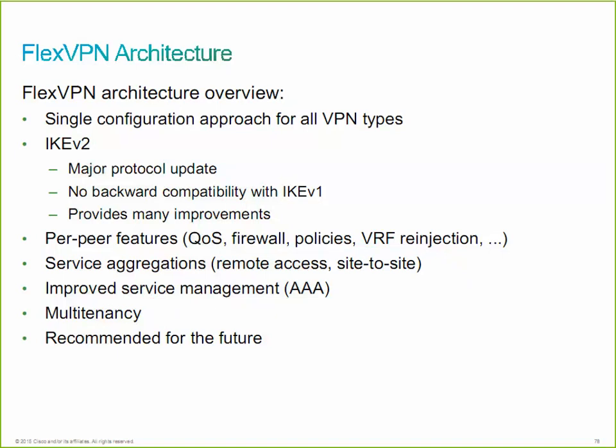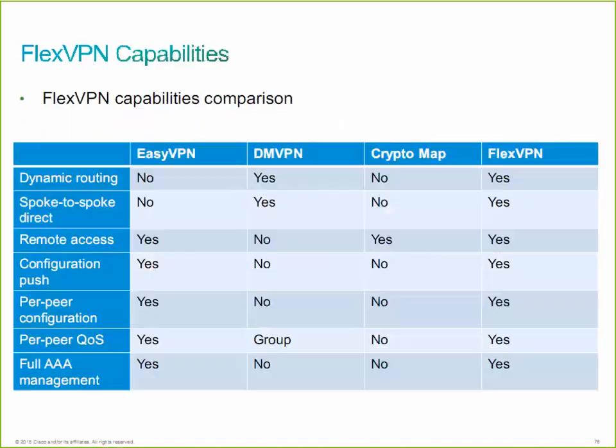And that's really what it is. You may not be implementing it now, and it may not come in the near future, but eventually you will see people migrating to this technology because of its flexibility and being able to handle all different types of VPN scenarios. Okay?